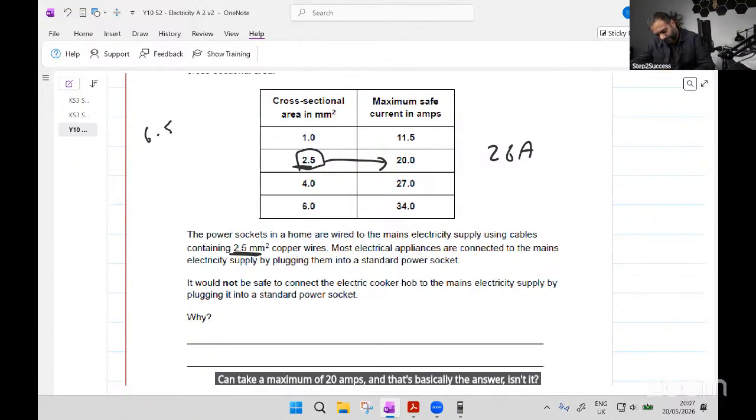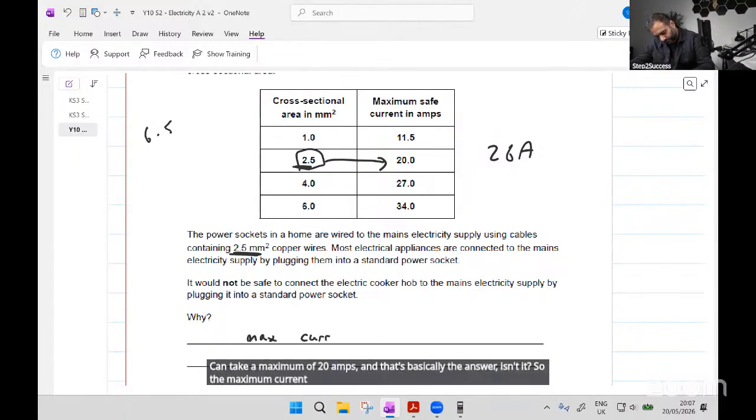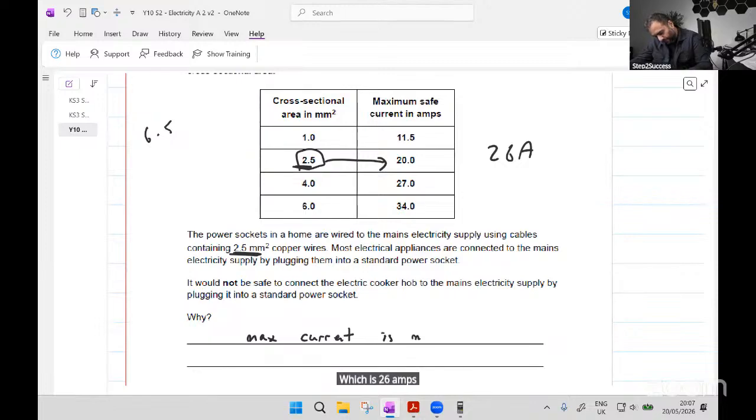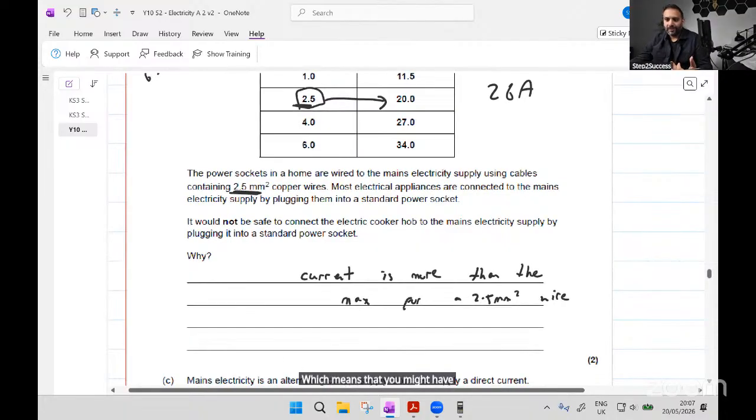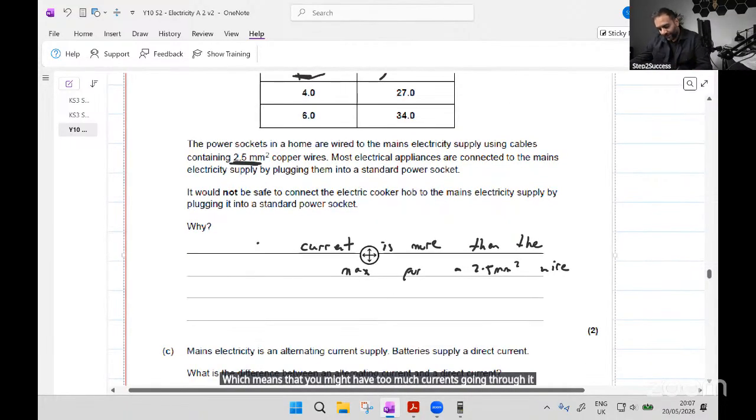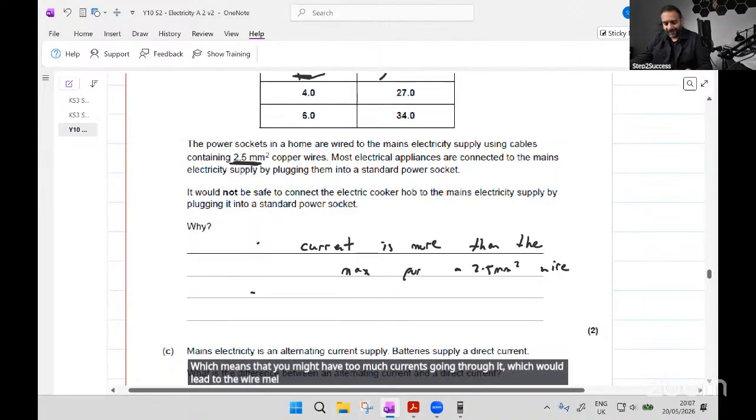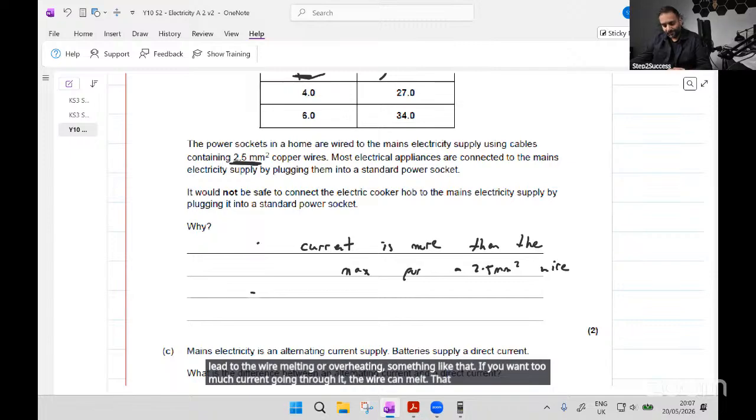So the current of 26 amps is more than the maximum for a 2.5 millimeter squared wire, which means you might have too much current going through it, which would lead to the wire melting or overheating. If you've got too much current going through it, the wire can melt. That's why there is a maximum limit for it.